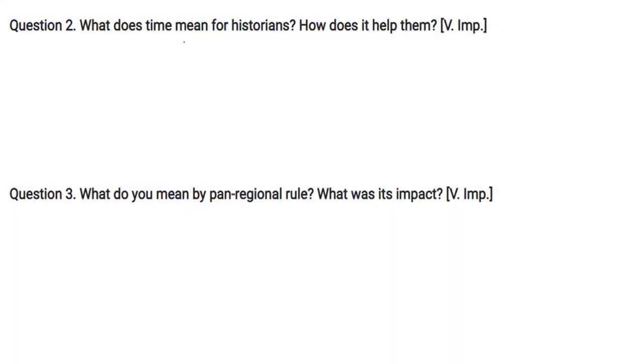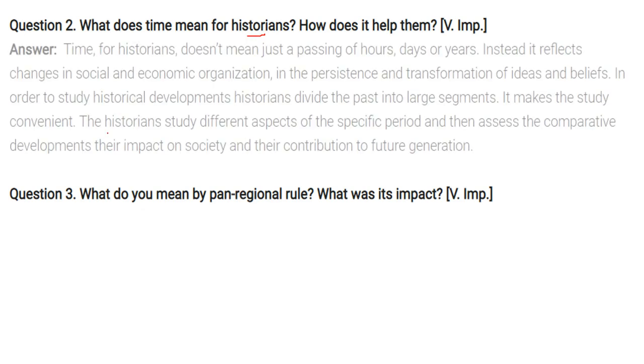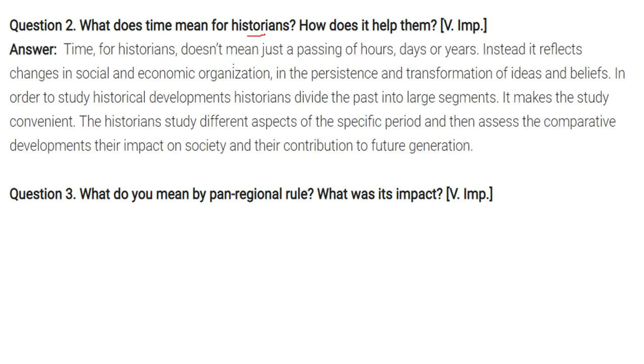What does time mean for historians? How does it help them? Time for a historian doesn't mean just the passing of hours or days or years. Instead, it reflects changes in social and economic organization, in the persistence and transformation of ideas and beliefs.